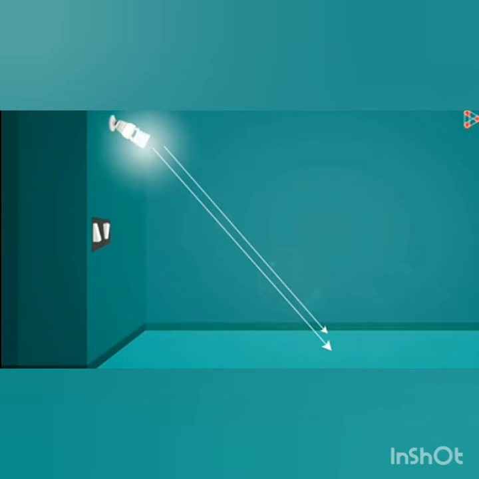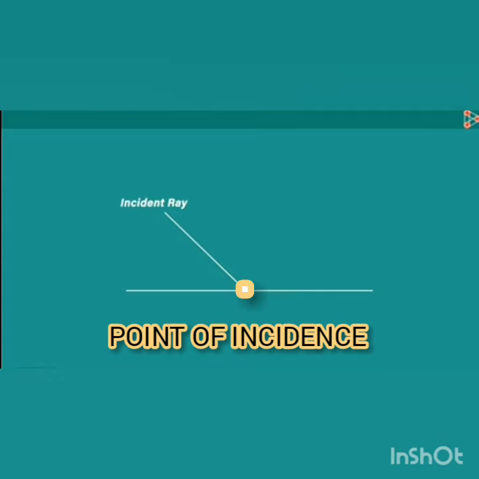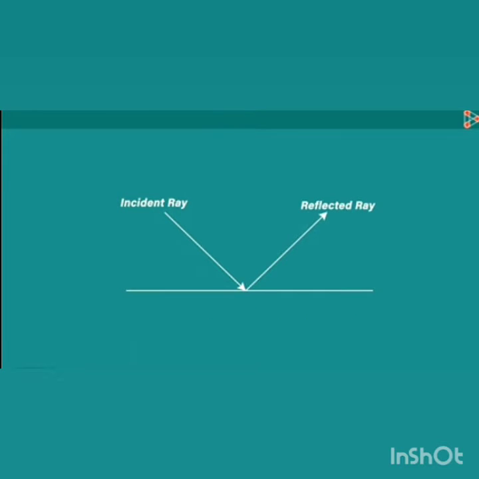So this is how the light reflects. So here you can see that the light coming from a source of light such as a bulb touches the surface and it gets bounced back or reflected. So you can see the point where the incident ray, what is an incident ray? Coming ray, when it touches the surface, that point where the incident ray touches is called the point of incidence.